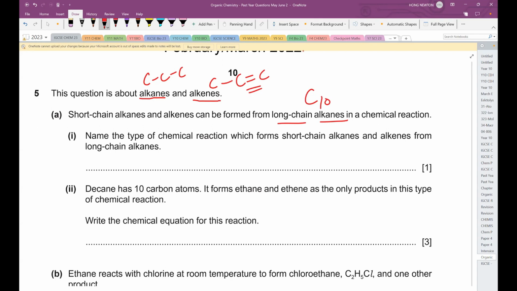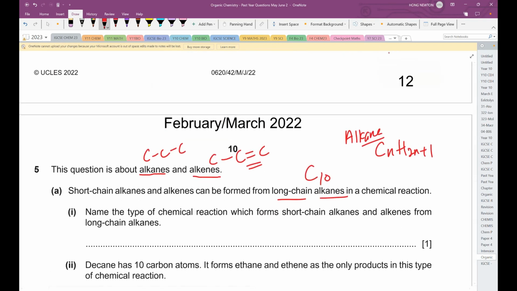C10 we call decane, like the decagon in your mathematics. Deca means 10. The general formula for alkanes is CnH2n plus 2. Single bond means carbon linked with carbon.